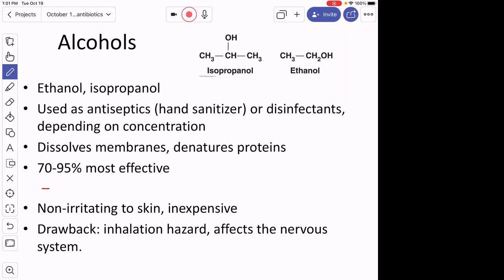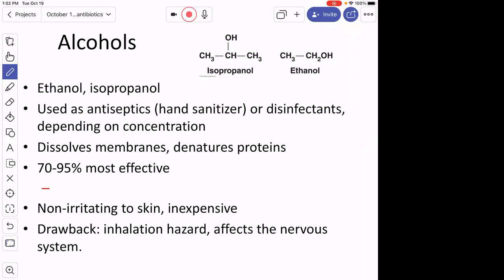We started with our low-level antiseptics and disinfectants like soap, meaning it works on microbes that are fairly easy to kill. Then for our intermediate chemicals, we explored several halogens like iodine and chlorine. And we have one more intermediate chemical to talk about, and that's the alcohols.